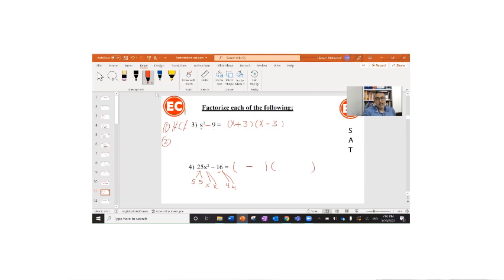One of them is negative and the other is positive. 25 is 5 multiplied by 5, and x squared is x multiplied by x. Sorry, I did a mistake here. 16 is 4 times 4. So the final answer is 5x minus 4 and 5x plus 4.